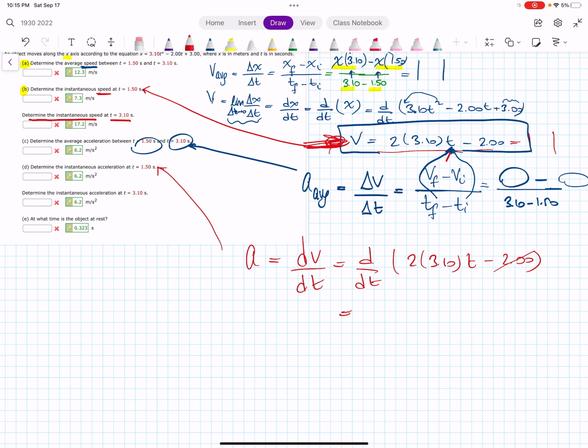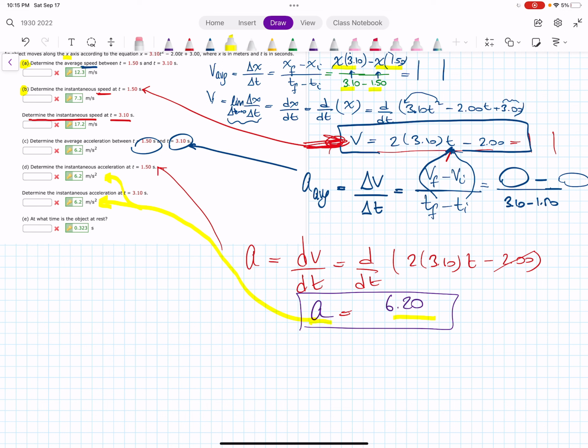What is the derivative of 2 times 3.10 t? It's just 2 times 3.10, which is going to give you 6.20. You have 6.20, which is equal to the acceleration, guys. Now notice there's no variable next to it like t. What does that mean? For all times, the acceleration is 6.20, and that's exactly what we have here.